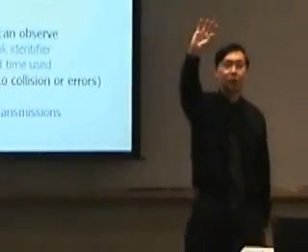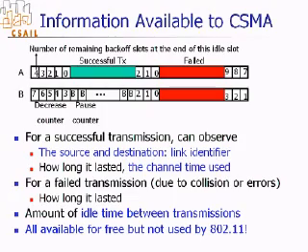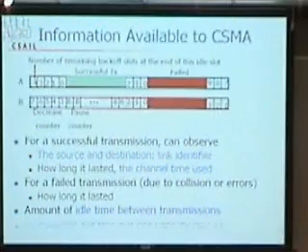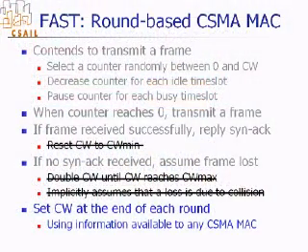Those are the key pieces of information. Again, for successful transmission, you know the source and destination. So we're going to use a link identifier, right? That's why we're doing node pairs with the direction. And these key pieces of information are currently available to all CSMA MAC, but not really used by 802.11.